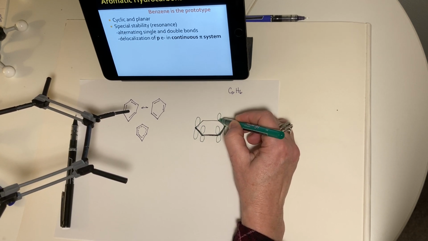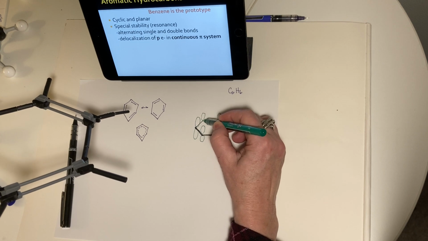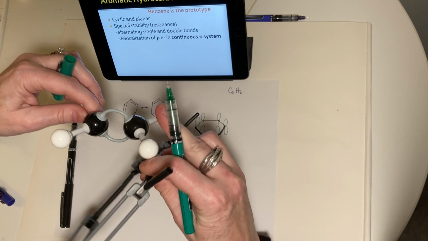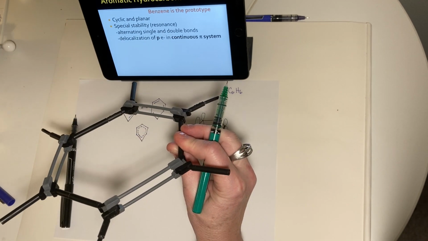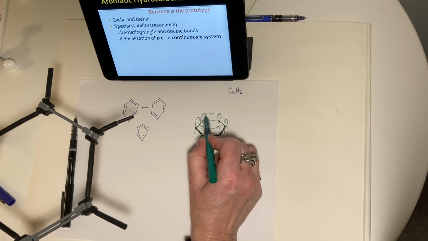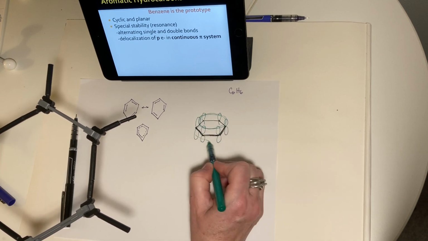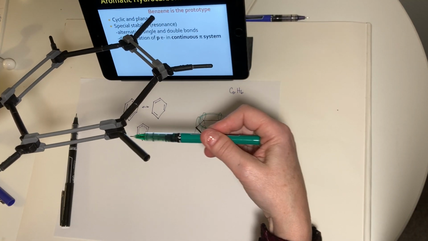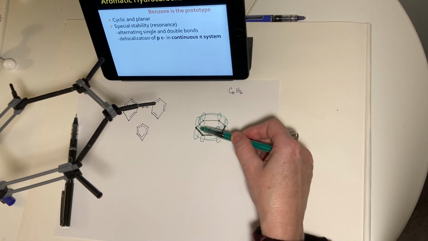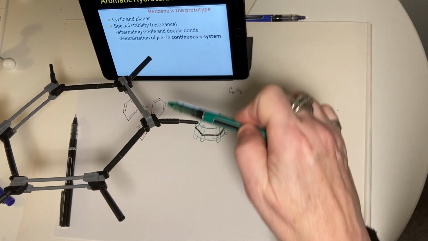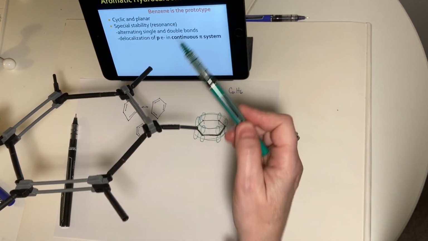Remember we talked about that for a double bond. We have these p orbitals above and below the plane of a double bond. Those p orbitals are close enough so that all of them overlap. It's like one big pi bond above and below benzene. And that's really cool. That's a special spreading of electrons, p electrons, in this continuous pi system.